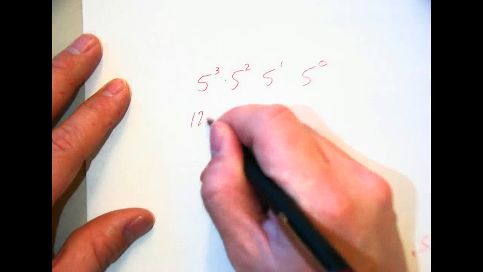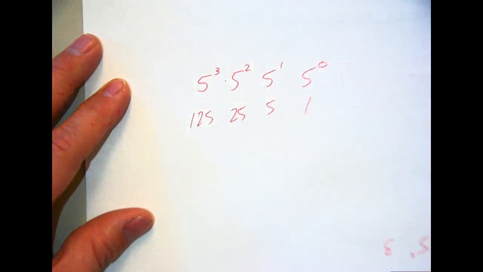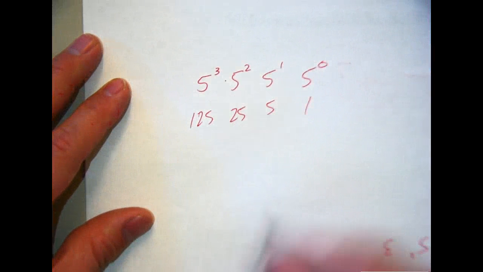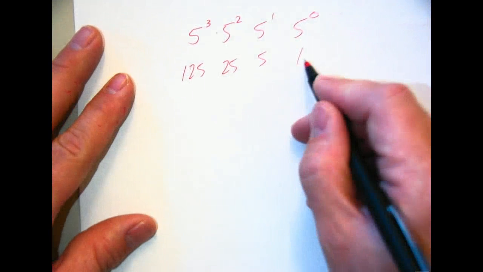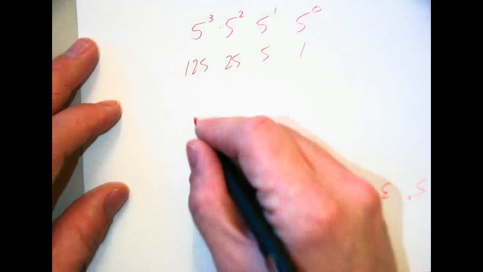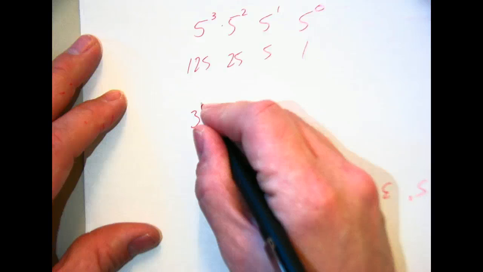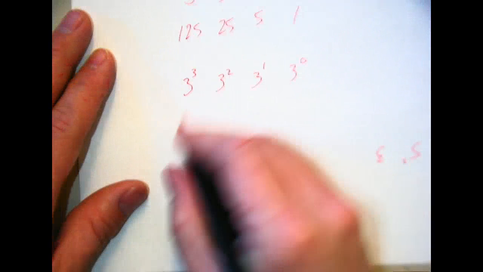This is 5. This is 1. Right? Each time you're dividing by 5. Well, when you're dealing with logs, you eventually get back to that 1 as well. Every time, when we're dealing with another base, we still get back to that same 1. It's just we're dividing by a different amount every time.